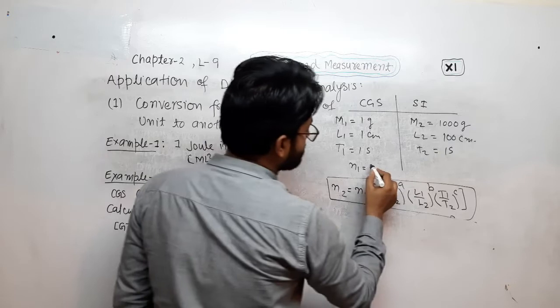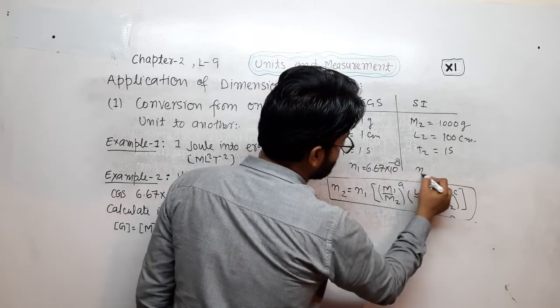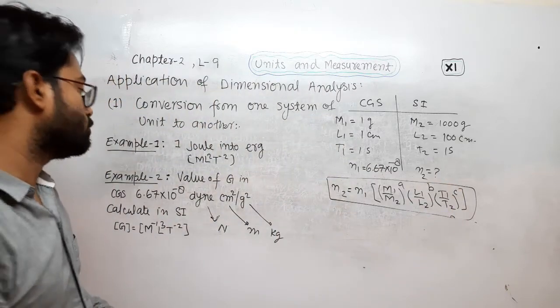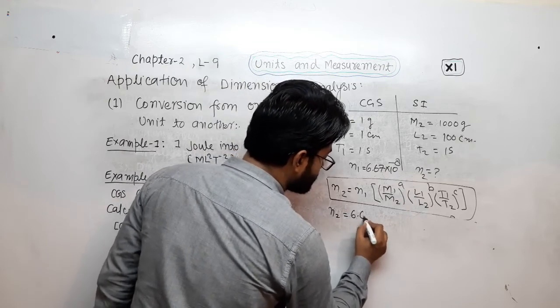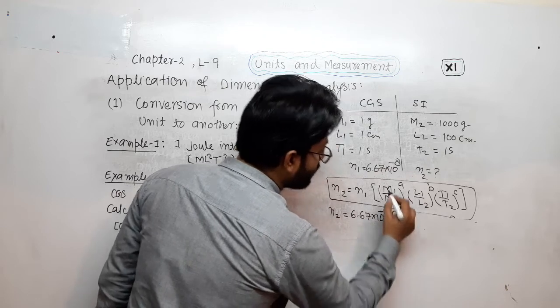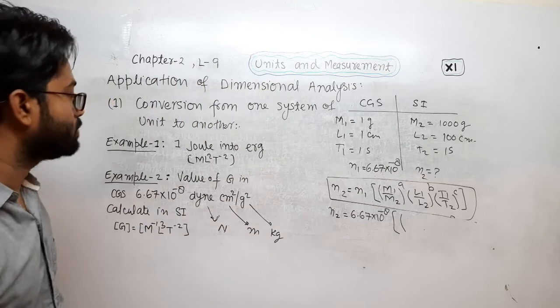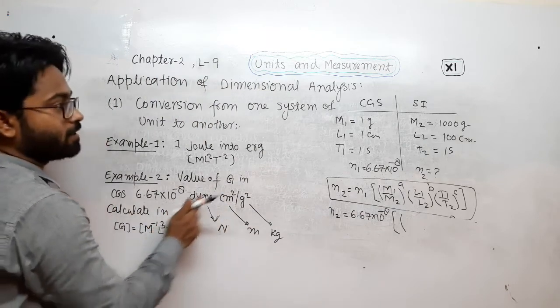N1 is given, that is 6.67 into 10 to the power minus 8, and N2 is what you need to calculate. Just put the value and get the answer: 6.67 into 10 to the power minus 8, M1 upon M2. First, you need to remember that we are converting from CGS to SI.